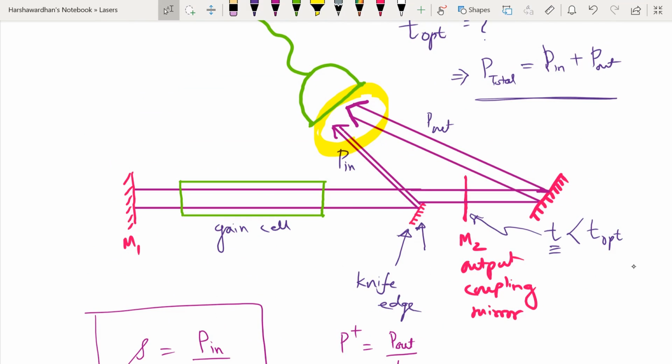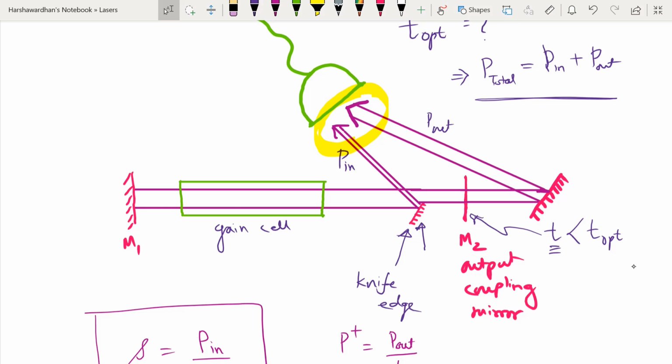In that case, one can essentially ignore the effects related to spatial hole burning, because the gas atoms do not stay in one place. Because of the atomic motion, they move all over the gas cell, and that averages out the effects of spatial hole burning.